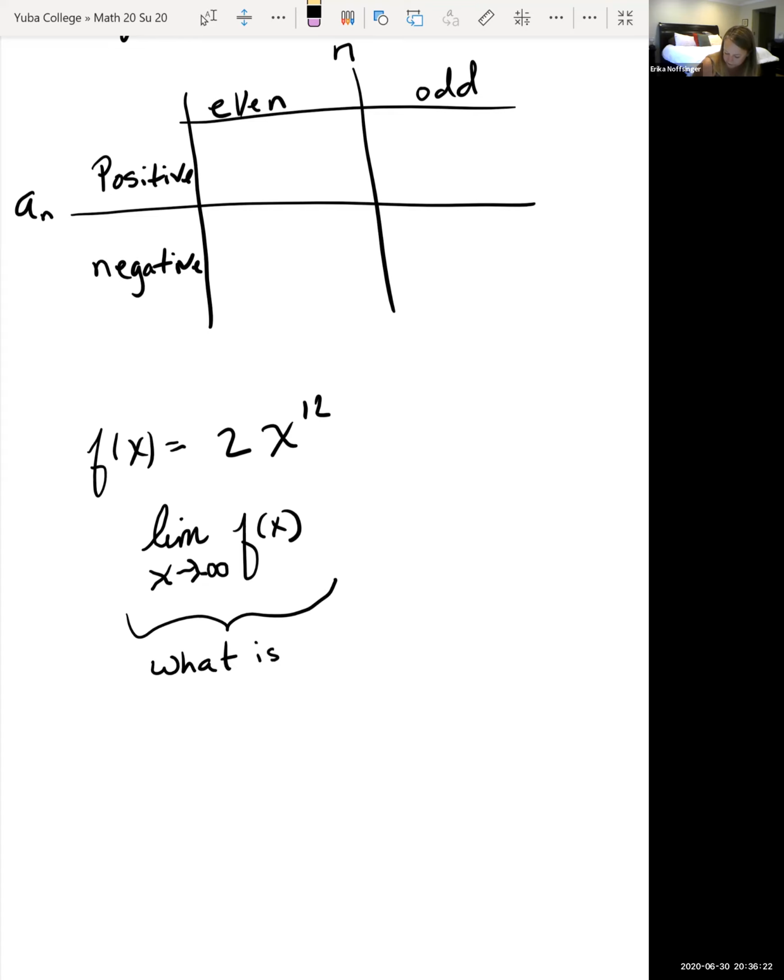So over here, the limit as x goes to negative infinity of f of x was infinity, and the limit as x goes to infinity of f of x is also positive infinity. And so our graph, as x goes to positive infinity, shoots upwards.